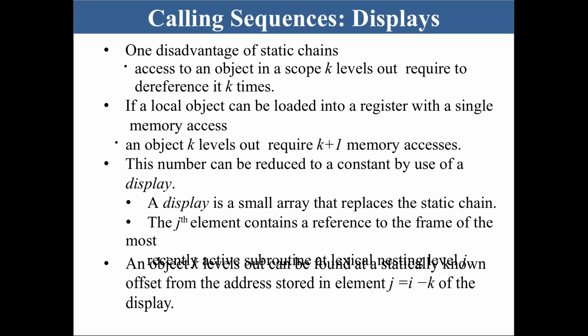If the currently active routine is nested I greater than 3 levels deep, then elements I minus 1, I minus 2 and I minus 3 of the display contain the values that would have been the first 3 links of the static chain.